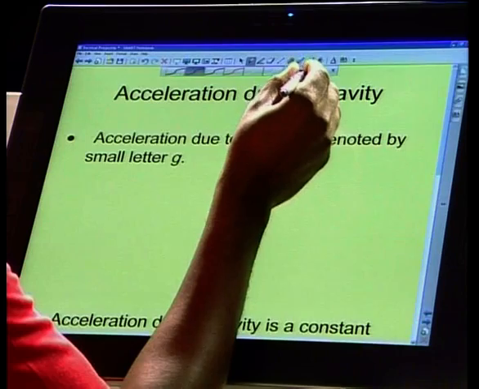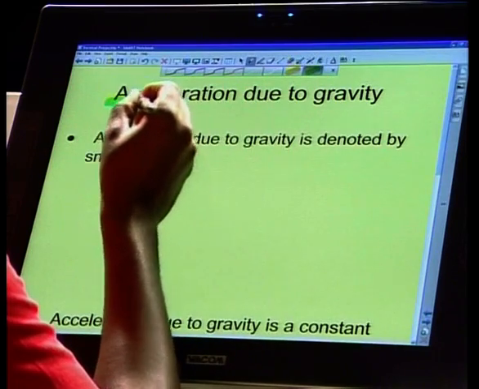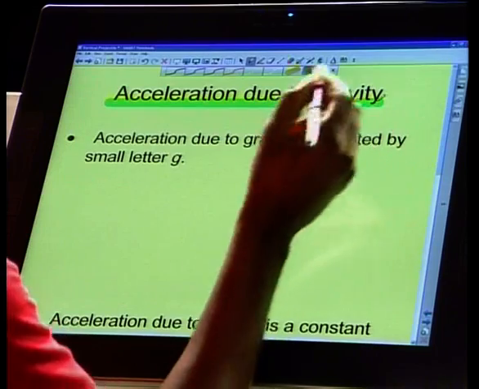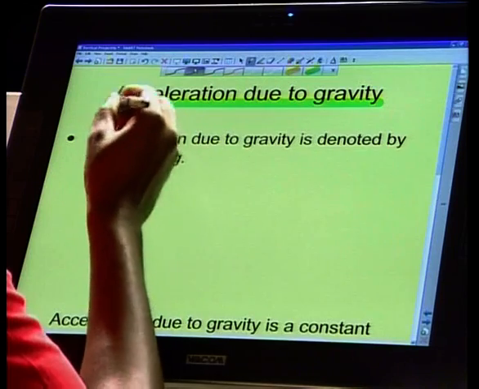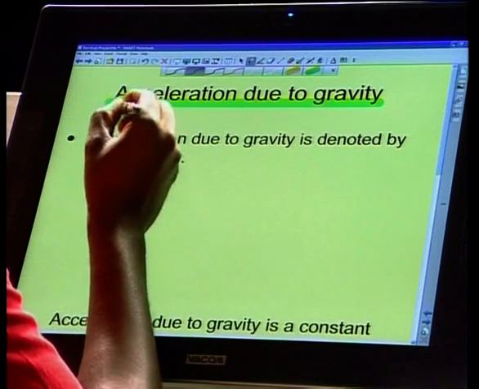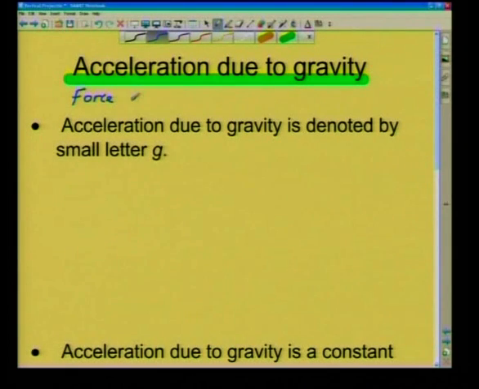Look at this one here. We're now coming to acceleration due to gravity. Remember now, we have spoken about the force of gravity. So, okay, we've got force of gravity. Now we're saying we want to talk about acceleration due to gravity.